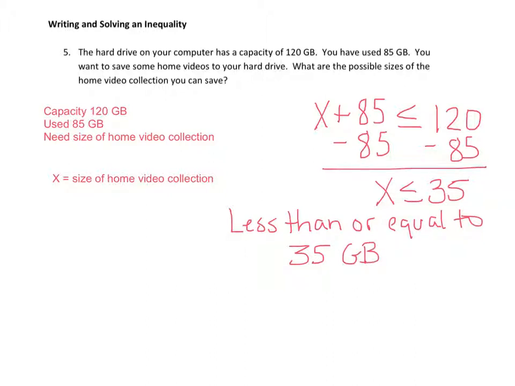Now you do always have to think about your answer and make sure, does it make sense? And the word we use is, is it a viable solution? Okay, is it possible? In this case, yes. 35 gigabytes is a possible answer for the problem we are solving.